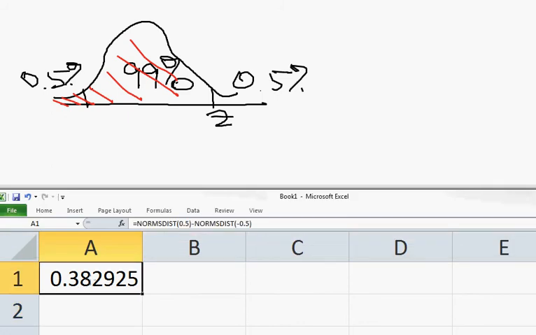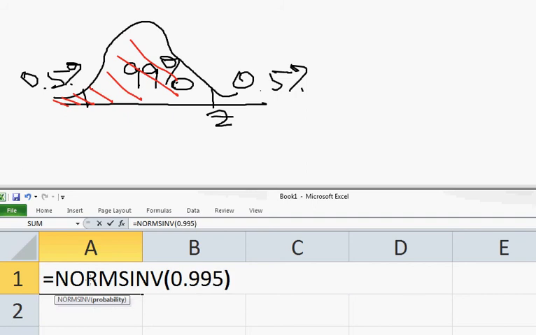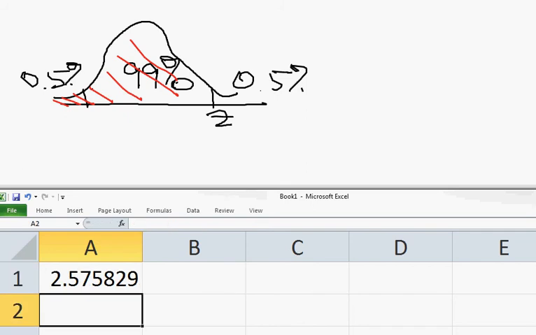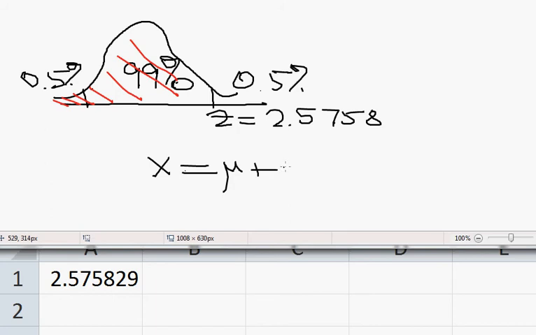So the value of z for this problem will be equal to NORM.S.INV of 0.995. And a similar command if you're using a calculator, we get 2.5758. Then to convert to x, x is equal to mu plus sigma times z.